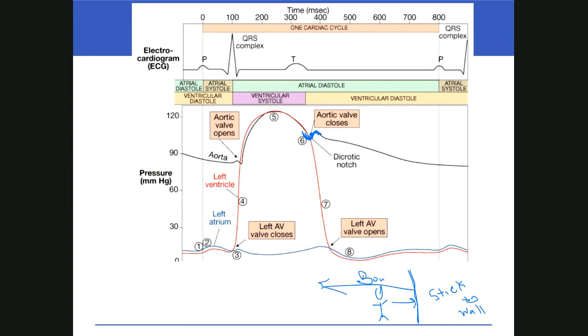Well, that's what happens here. When this valve closes, the blood bounces back. And for just a tiny bit of time, that bounce makes the blood pressure jump up just a little bit. So that bounce in blood pressure is due to the closing of the valve.